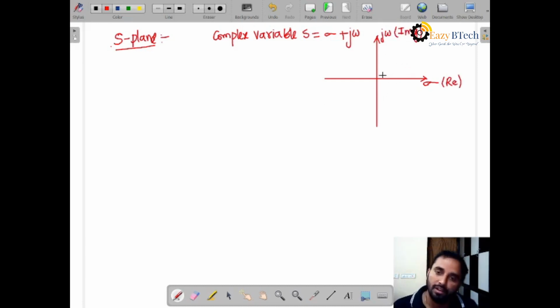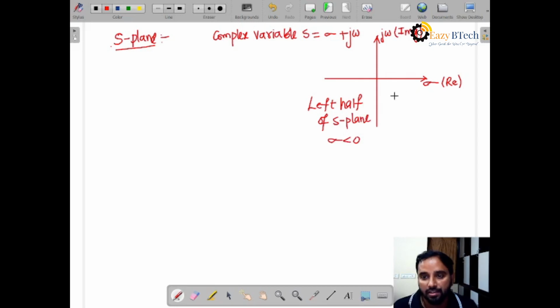About the vertical axis: the left half of the S-plane means sigma is less than 0, and the right half of the S-plane means sigma is greater than 0.